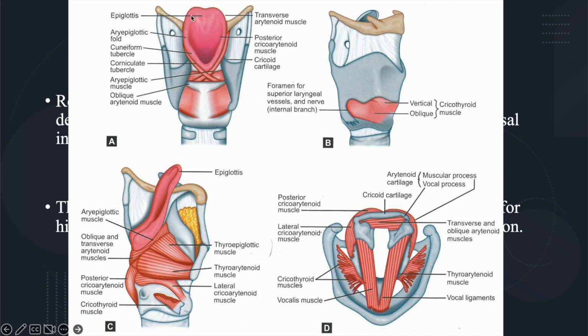You see the epiglottis, you see the hyoid bone, you see the thyroid bone, you see the trachea down here, cricoid rings. In the anterior view, again, the thyroid bone, hyoid bone, you see the cricothyroid membrane, and the cricoid right there.